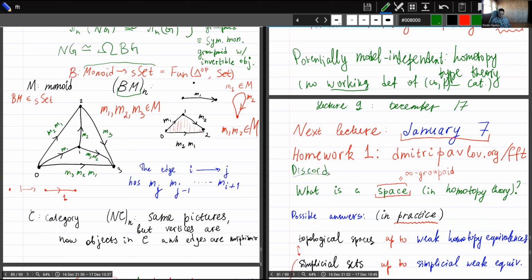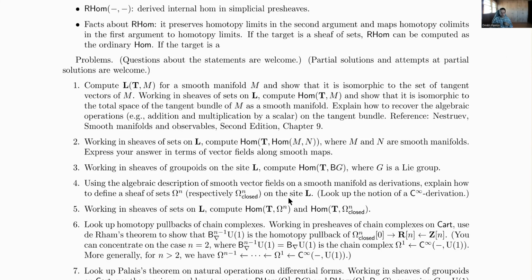All right. I have one quick question, Dmitri, on the notation in the homework. Oh yes, of course. I'm just wondering exactly how I'm supposed to think about the set of smooth maps from this Cartesian space to a Lie group G when it's described as an automorphism group. Sorry, how is that set of maps a group? What's the operation I'm supposed to be thinking of? Sorry, which problem are we talking about right now?